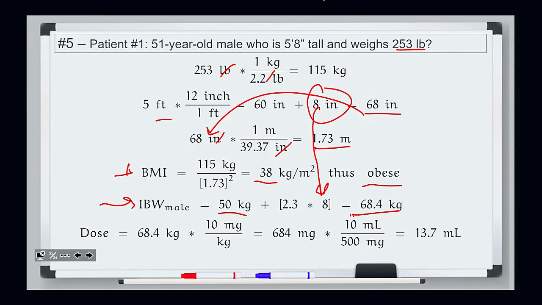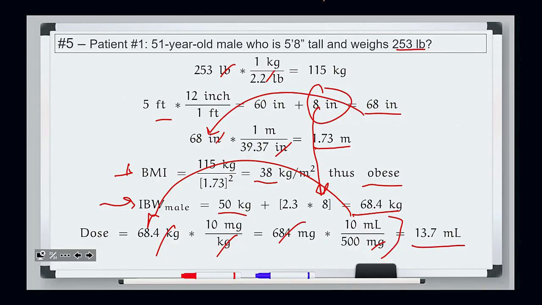And that's the weight I'm going to use in my dose. Finally, I know what to base my dose off of. So 68.4 kilograms at 10 milligrams per kilogram is easy. That's 684 milligrams. This is my concentration of the injectable, so remember we set it up so that milligrams cancel. 684 times 10 divided by 500 gave me 13.7 milliliters.